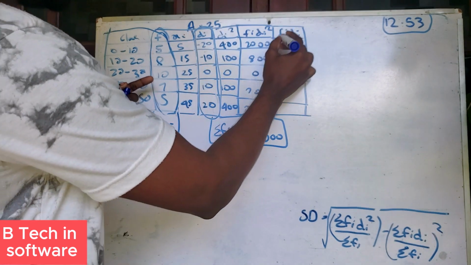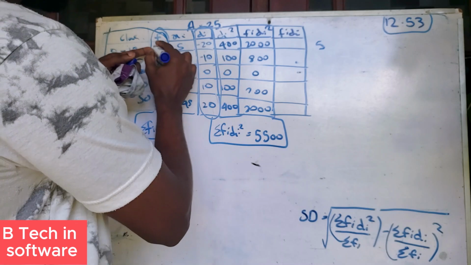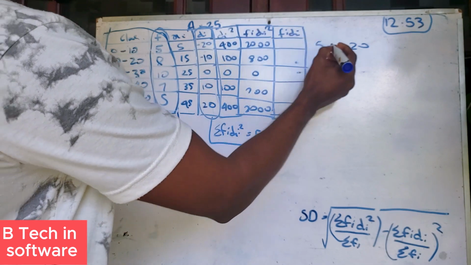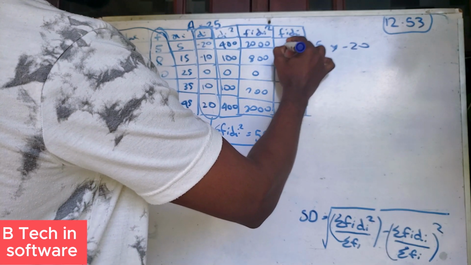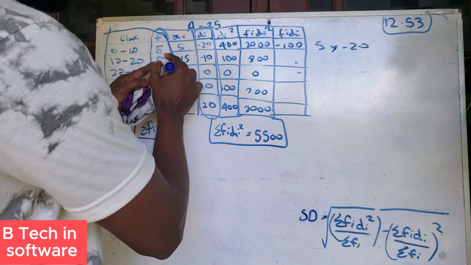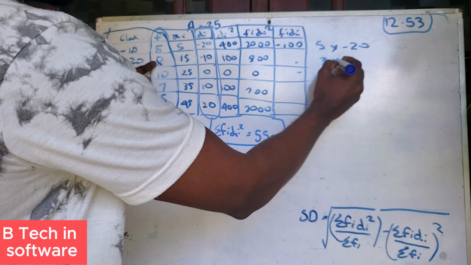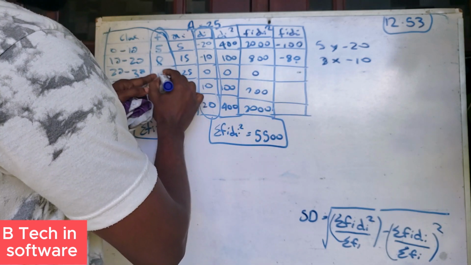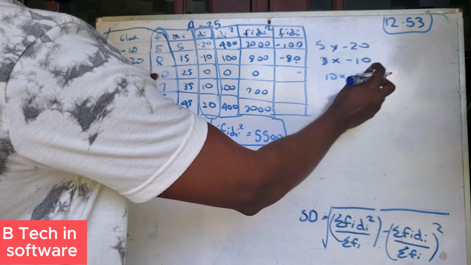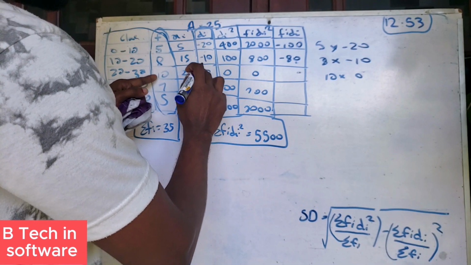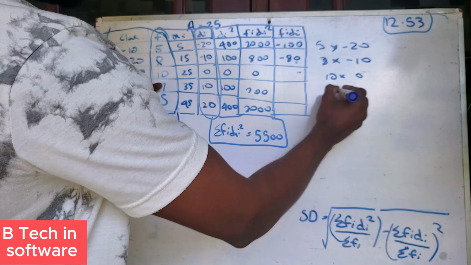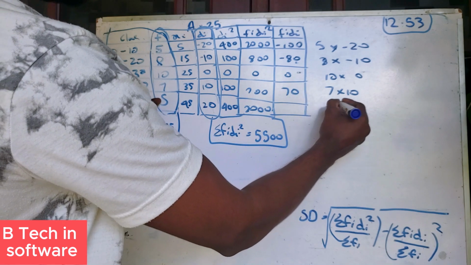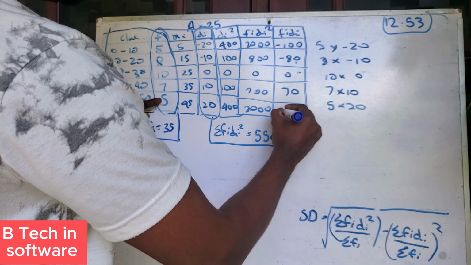We need to multiply 5 times minus 20, that is minus 100, and then 8 times minus 10 is minus 80, and then 10 times 0 is 0, and 7 times 10 is 70, and 5 times 20 is 100.